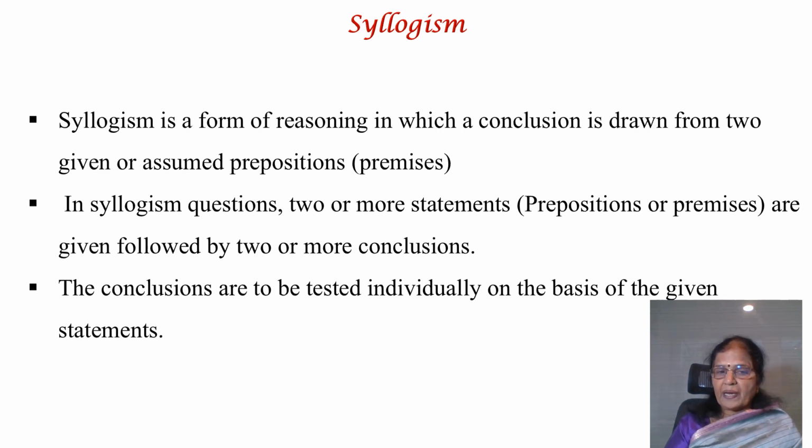You are going to find out whether the conclusion could be right or wrong, valid or invalid. That is all syllogism is about. Usually two or more statements are given, followed by two or more conclusions, and you have to test each and every conclusion individually.